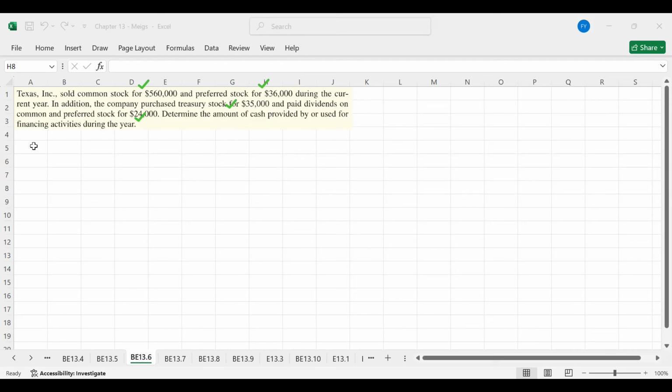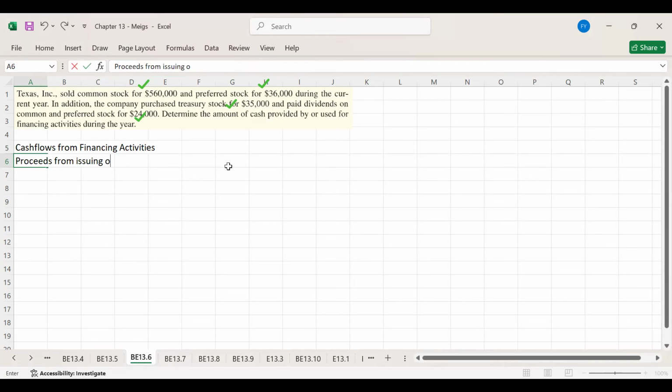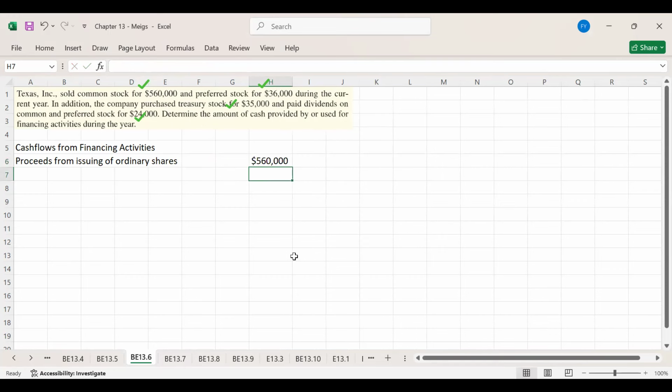So we are going to calculate cash flows from financing activities. First of all, we have issuance of shares, so the company sold. We have proceeds from issuing of ordinary shares or ordinary stock, which is $560,000.